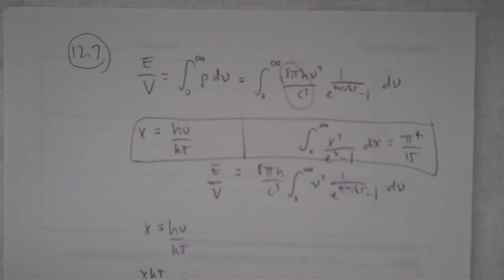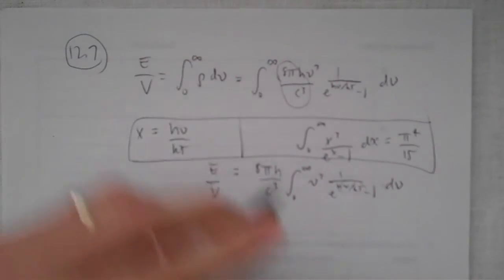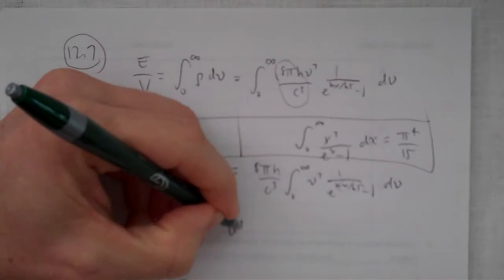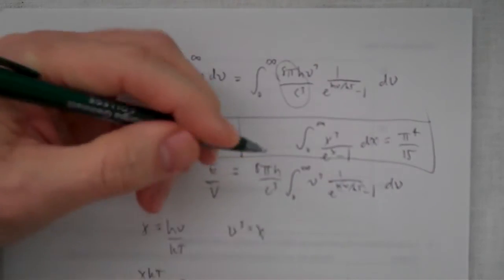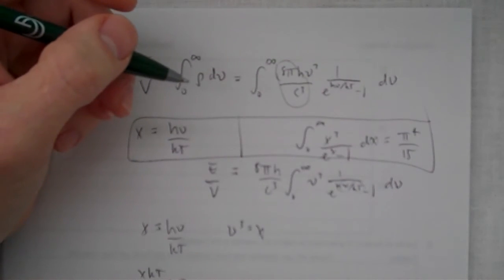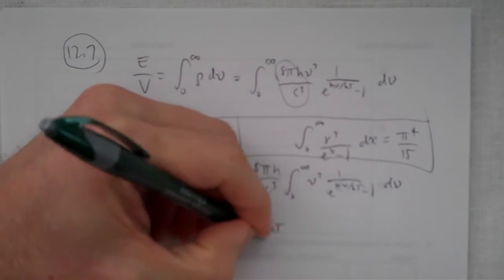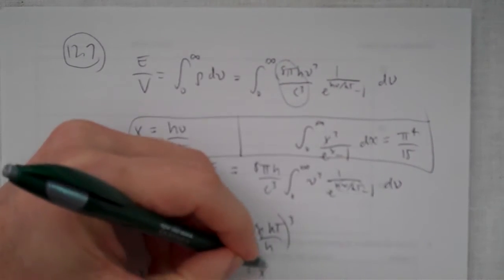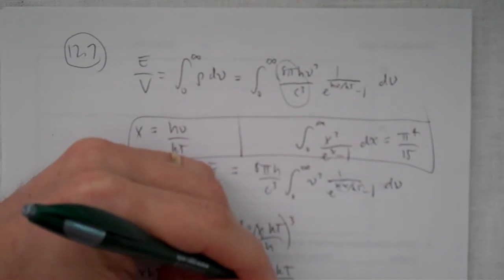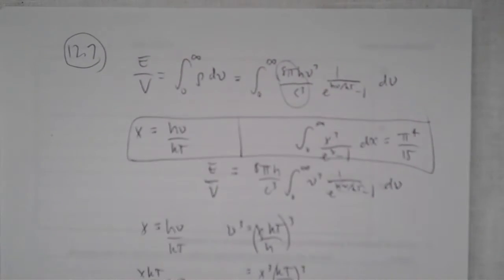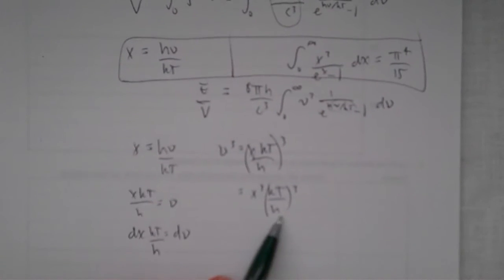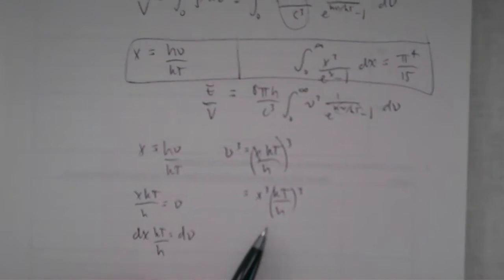And I've got that nu cubed. So nu cubed is equal to x kT over h, all cubed, which is equal to x cubed times kT over h cubed. I'm doing that because I'm trying to get it into this form here. So I'm sort of funneling it in that direction.